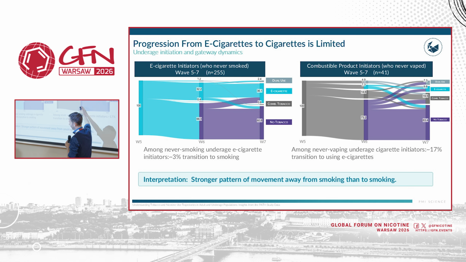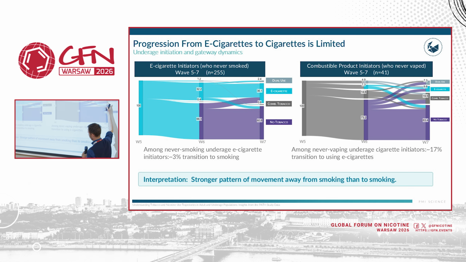Okay, let's juxtapose it with what the actual tobacco smokers do. We have this small number, 41 smokers. Again, about 60%, two-thirds of them, will not use tobacco anymore. About 20 plus 7, 27% of them would still smoke combustible cigarettes or pipes or cigars.